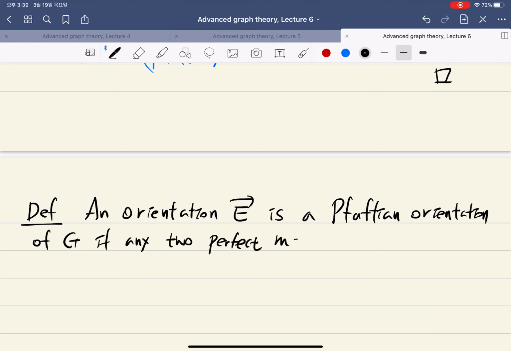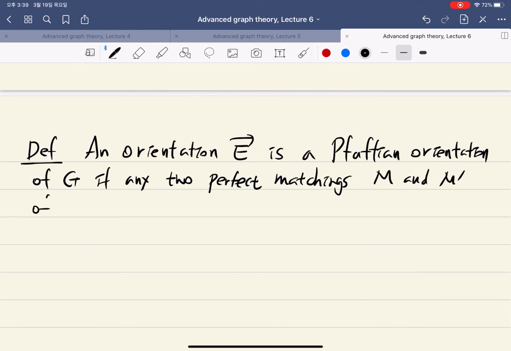any two perfect matchings M and M prime of G satisfy that both have the same weight.